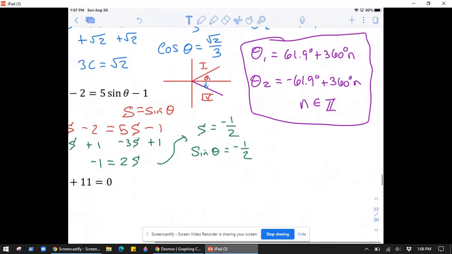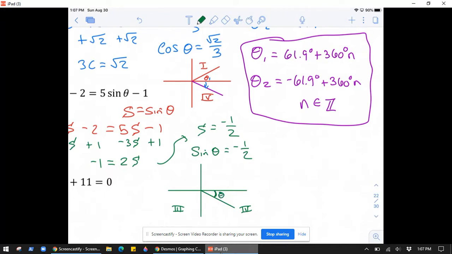So this problem actually, I'm noticing, won't require a calculator because I recognize 1/2 as a special ratio. Now sine is negative in 2 quadrants. It's negative in quadrant 4. And it's negative in quadrant 3. So the first angle I'm going to get will give me an angle here.